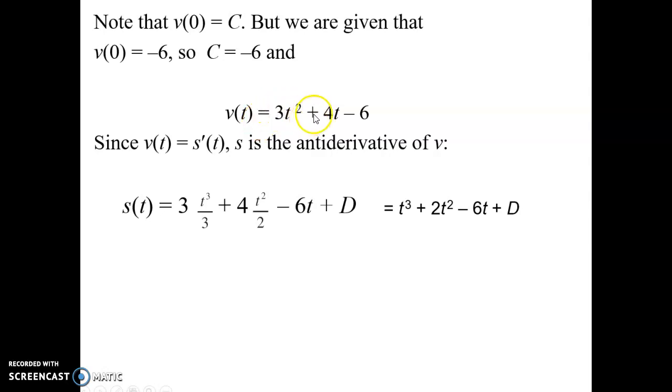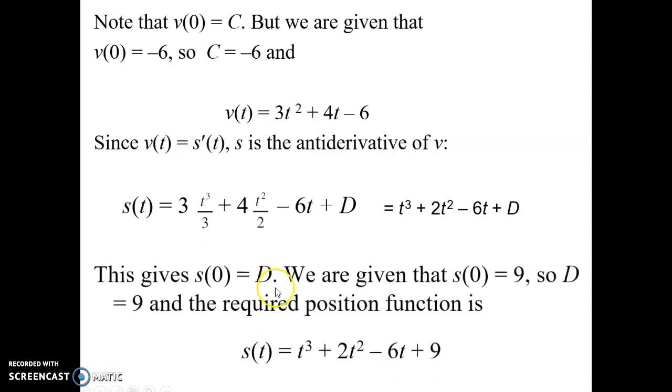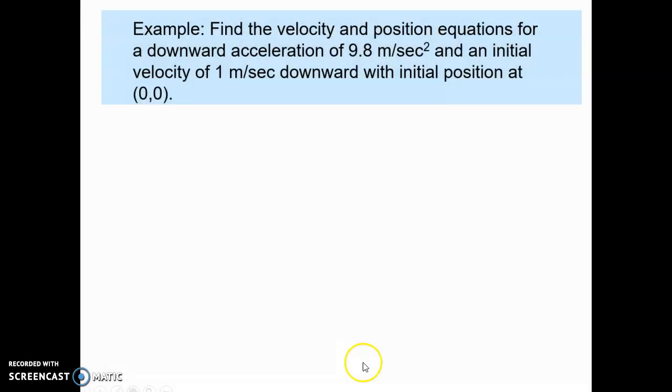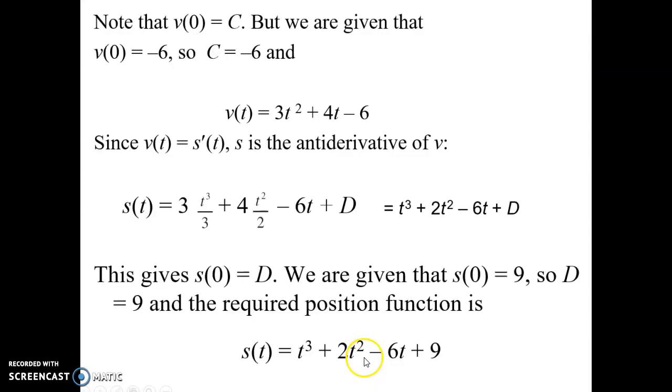And when I take the antiderivative of velocity, I go to position because I'm going backwards in my derivatives here. But it was given in the last slide, right? We are given that s of 0 equals 9. So when t is equal to 0, which makes all of these values 0, d would equal 9. So that would be our position function.